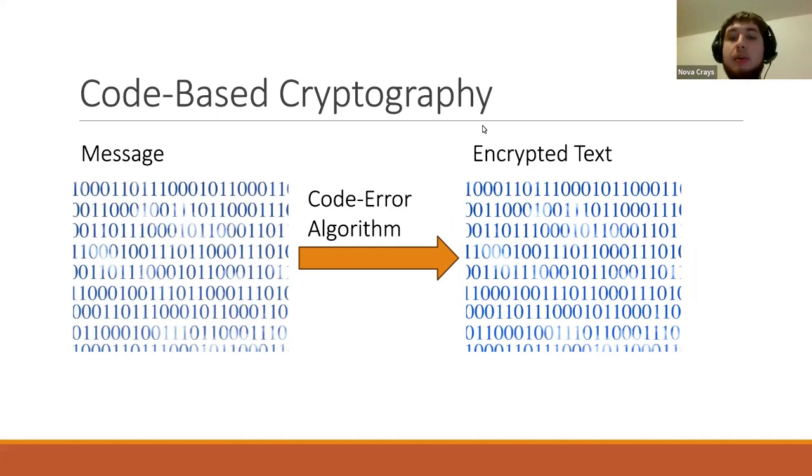And we will get our encrypted text, or our ciphertext, back that we can send to whoever we are sending our message to. On the other side of that, our recipient will have some sort of checksum algorithm that will be able to undo the errors we have intentionally introduced into the message, and they will be able to get back the original message.